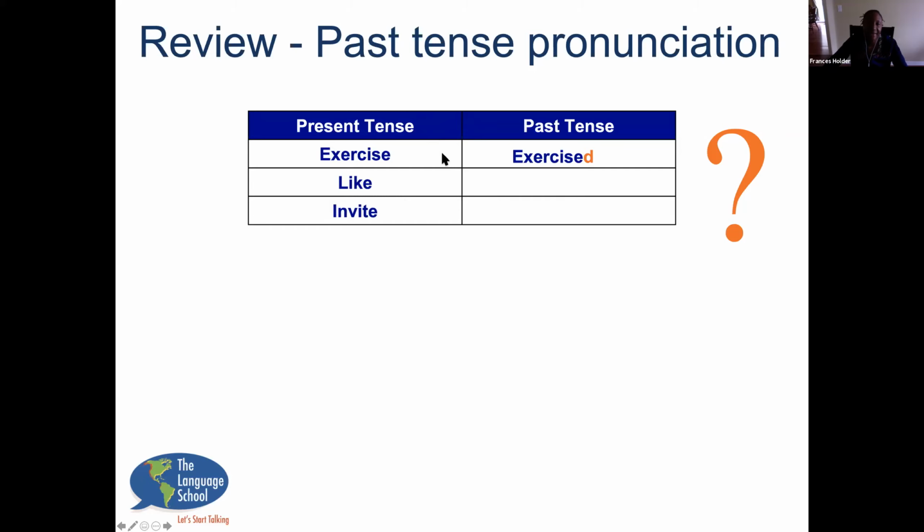Just add a D. In this case, you're not adding ED, you're just adding a D. Because what you'll notice about these verbs is that they already end in E. Okay? So if the verb ends in E, if it's a regular verb, you just add a D. Past tense of like, liked. And what is the past tense of invite? Invited. Invited. Excellent.